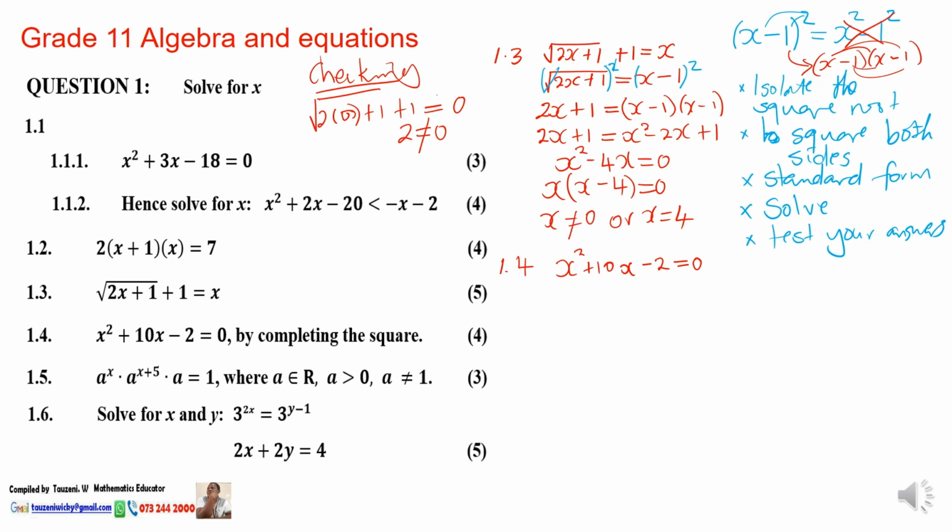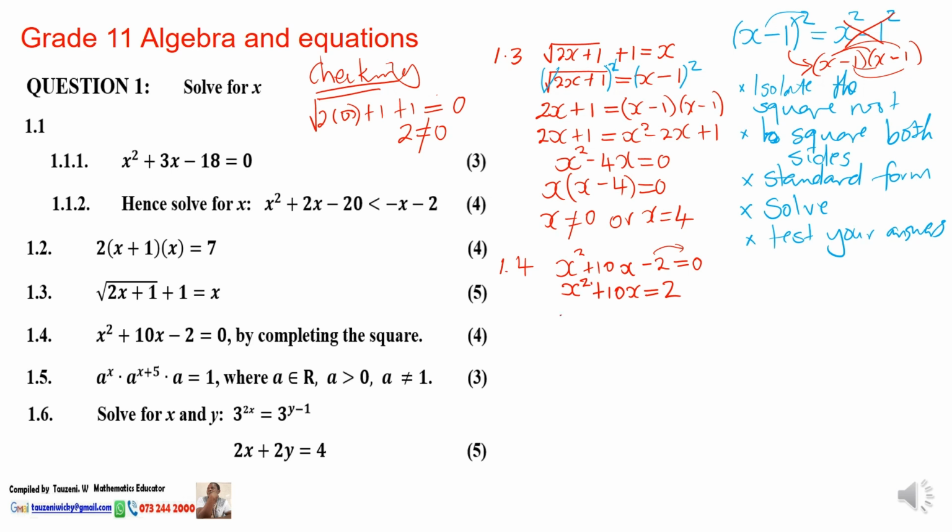So one of the methods is we must leave the first two terms on one side. So you move the constant to the right hand side. That will give you x squared plus 10x is equal to 2. That is the first thing to do.